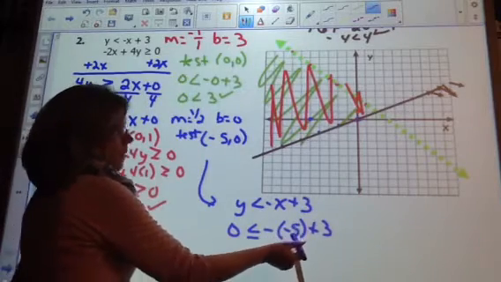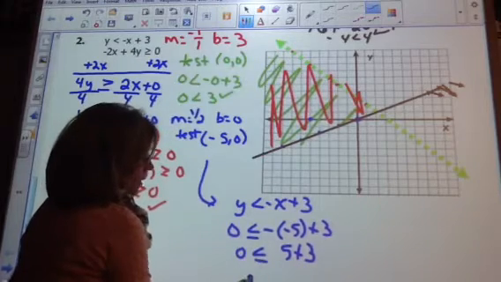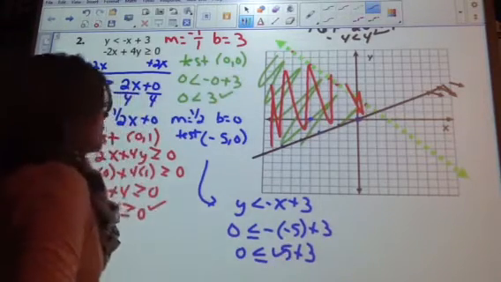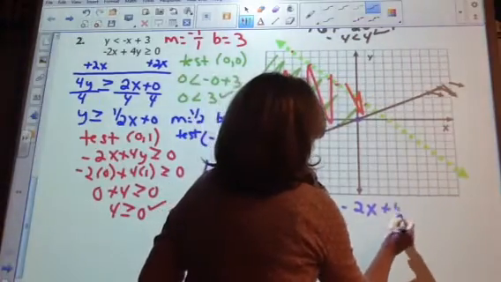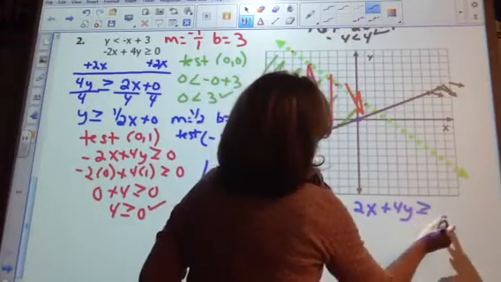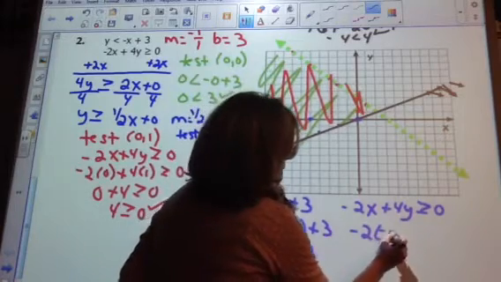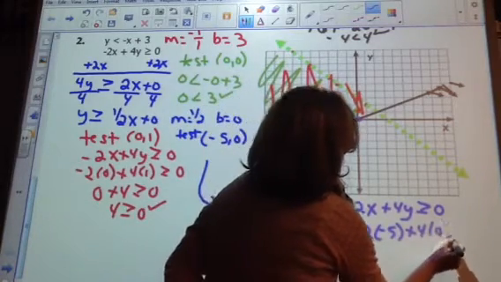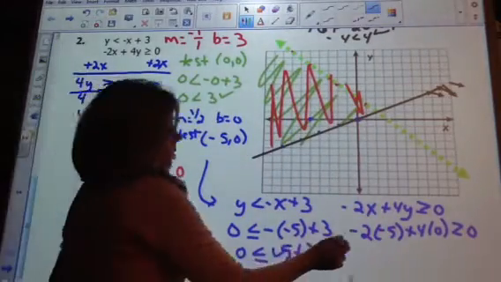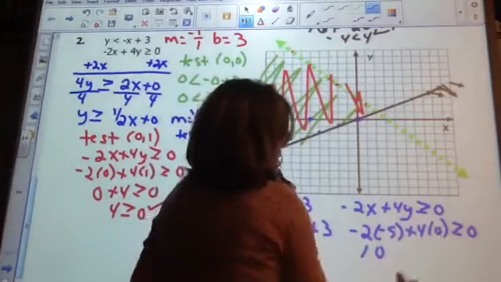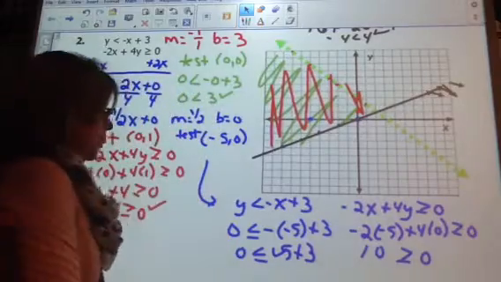The opposite of -5 is +5. So is 0 less than or equal to 8? Check. Now we've got to test the second inequality: -2x plus 4y greater than or equal to 0. x is -5 and y is 0. So -2 times -5 is 10. 4 times 0 is 0. Is 10 greater than 0? Check. So it worked for both.